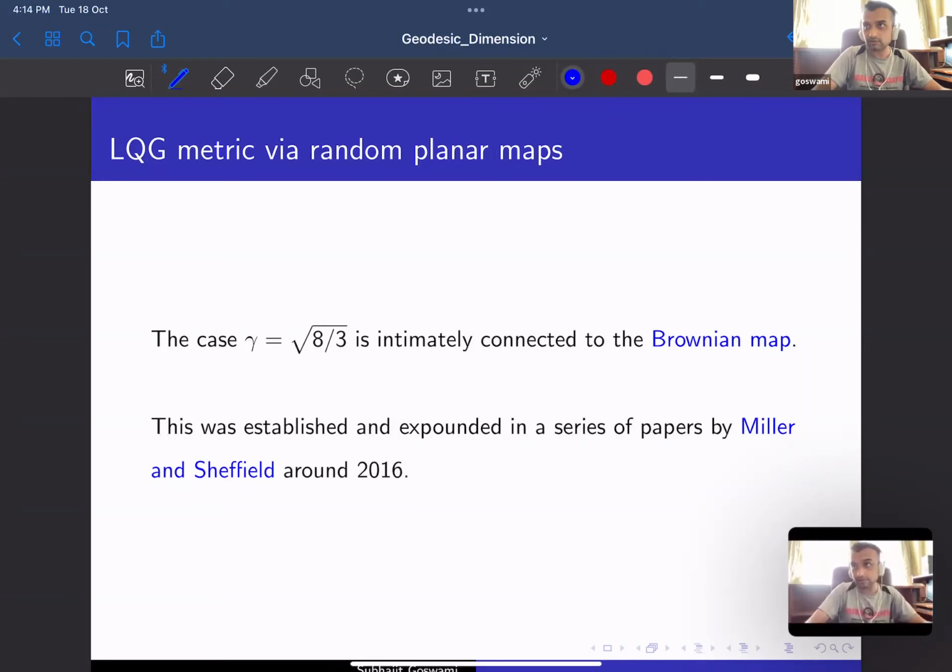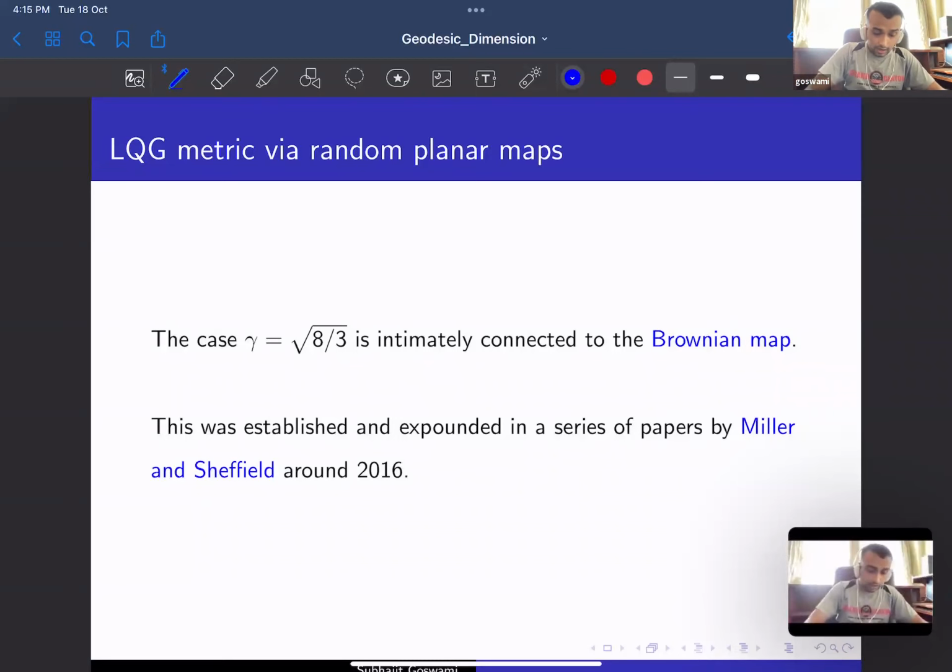What was missing, of course, was to relate it, because it was long conjectured that gamma equals square root of 8/3, which is mysterious, is related to another parameter in physics called central charge, which is 0. The idea is that it should come from a limit of random planar maps when you take uniform measures on them.